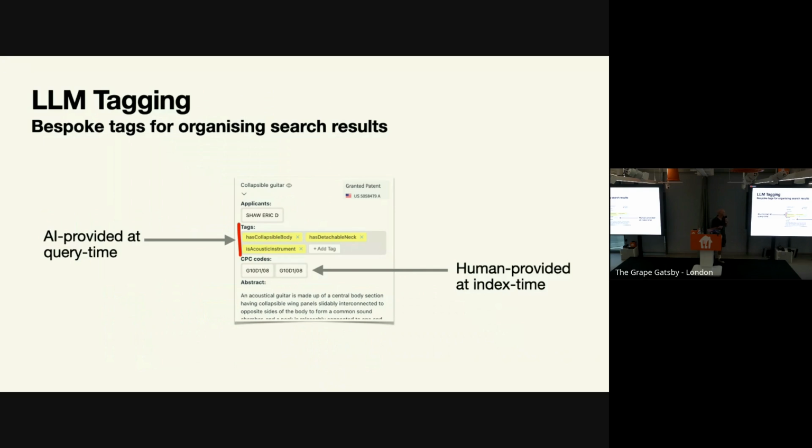And it's introduced some tags there saying has collapsible body, is acoustic instrument. So it's added those tags, and they're similar to the other tags that we see below, a little bit more understandable perhaps. Somebody in a patent office somewhere assigned the CPC codes G100, 108 or whatever it was to these documents here. The ones in yellow were ones that were added by an LLM at query time.